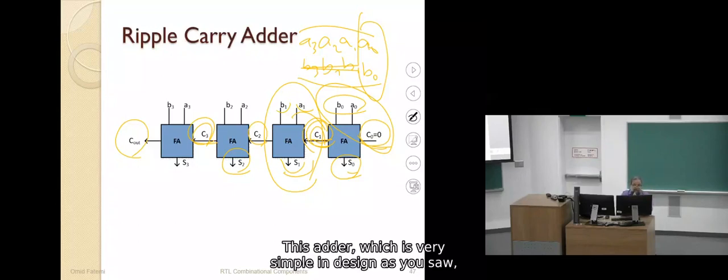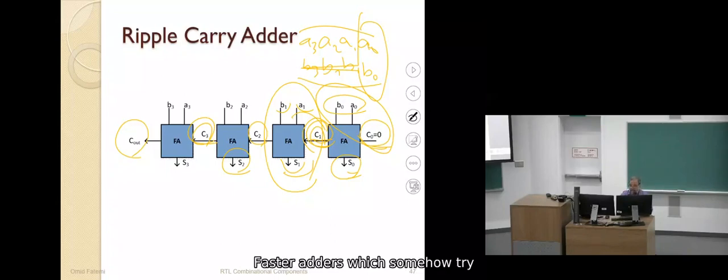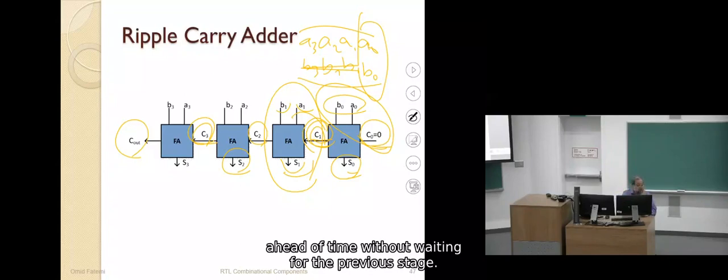And this kind of adder, which is very simple in design, as you saw, but it is slow. We could have faster adders which somehow try to find the carry ahead of time without waiting for the previous stage. We call them, for example, carry look ahead adder.